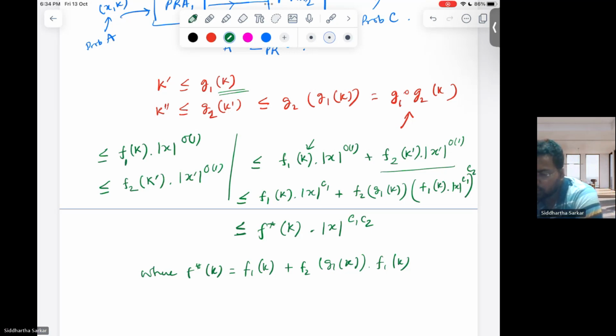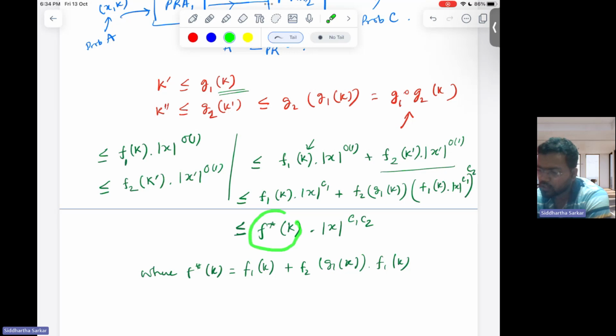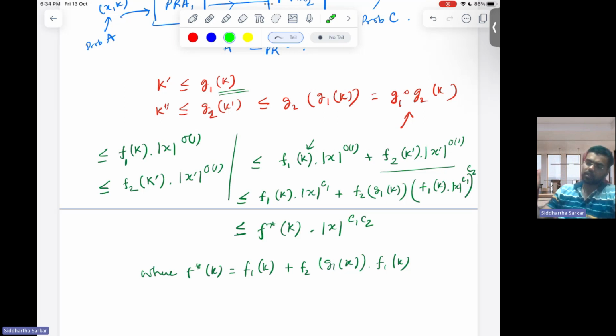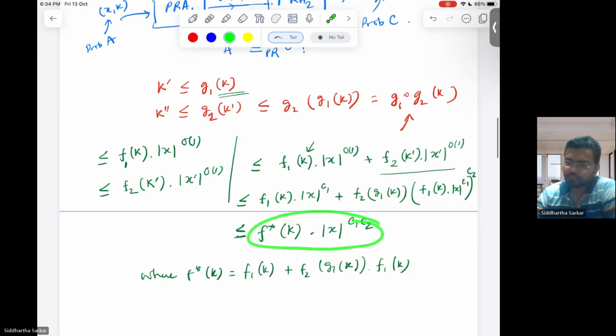So we have found a bound on the running time, with this function f star of k, and c1 c2 is a constant, so some polynomial in the size of x. Therefore, the third condition of the parameterized reduction, that the running time should have this form, is also satisfied.